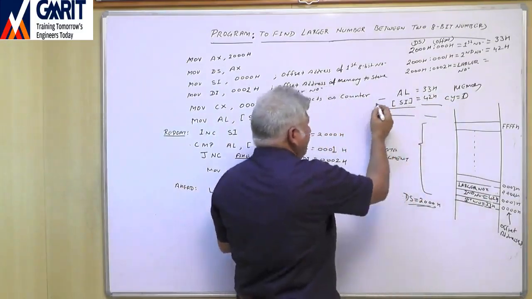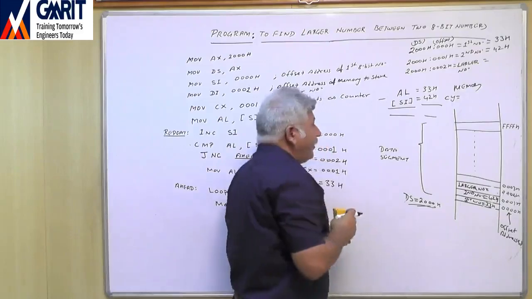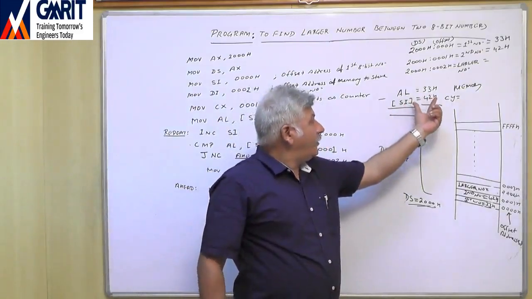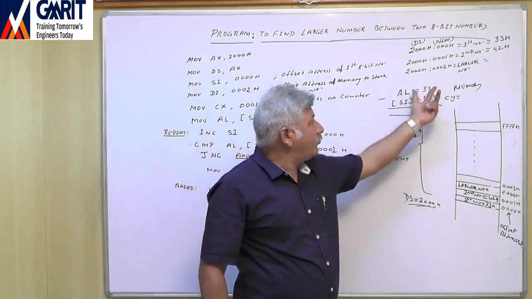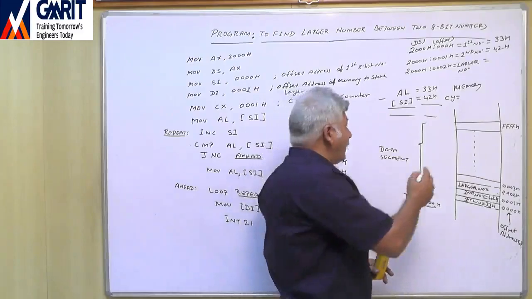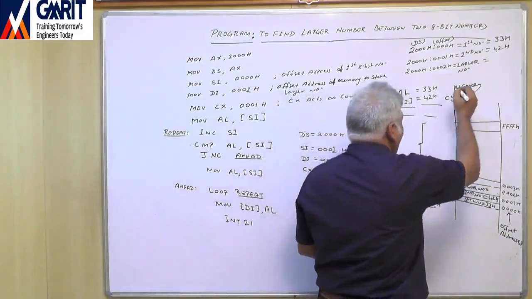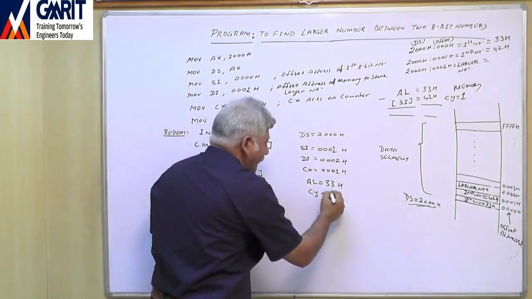During the comparison, a subtraction operation takes place and the result is discarded. In this subtraction, since we are subtracting 42H from 33H, a borrow is required. If borrow is required, then the carry flag will be set. So after the comparison, our carry flag is set.